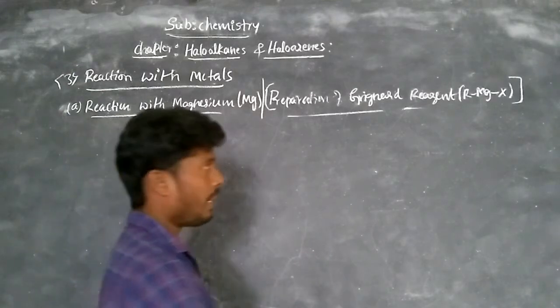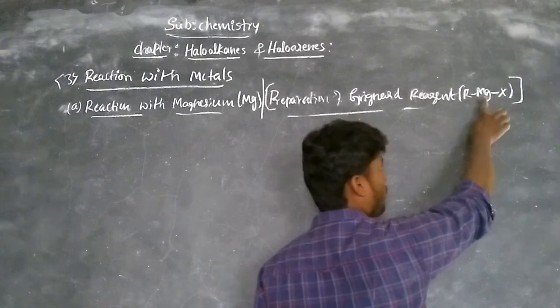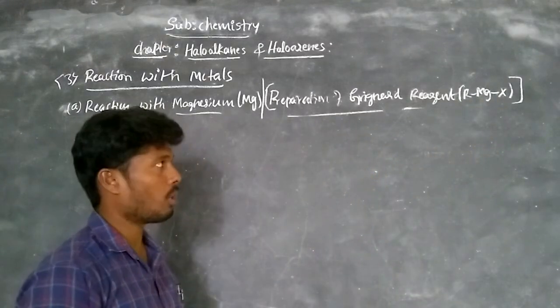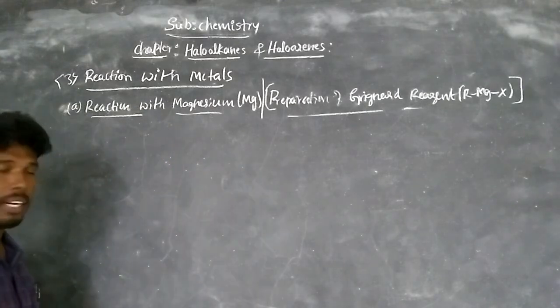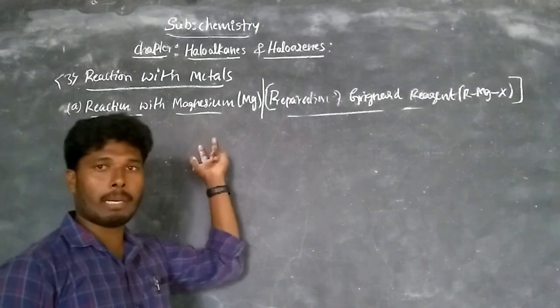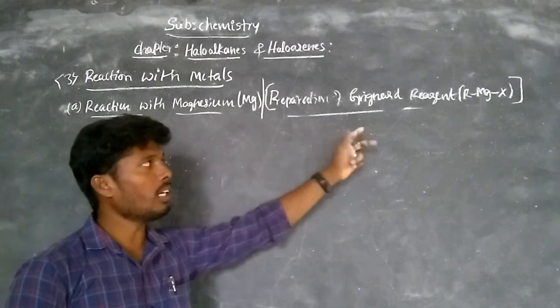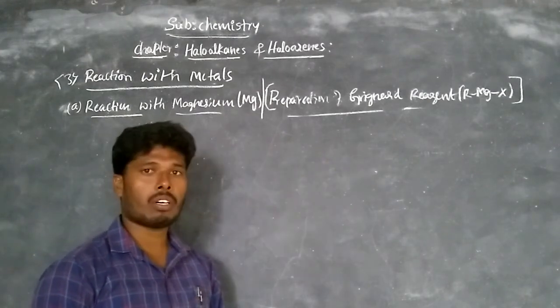He prepared the Grignard reagent, R-Mg-X, an organomagnesium halide compound. To prepare Grignard reagent, the alkyl halide is treated with metal magnesium in presence of dry ether solvent to get the organomagnesium halide compound called Grignard reagent.